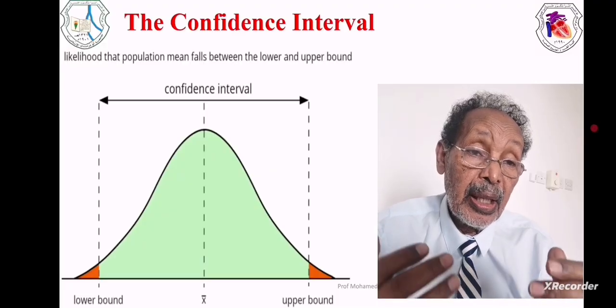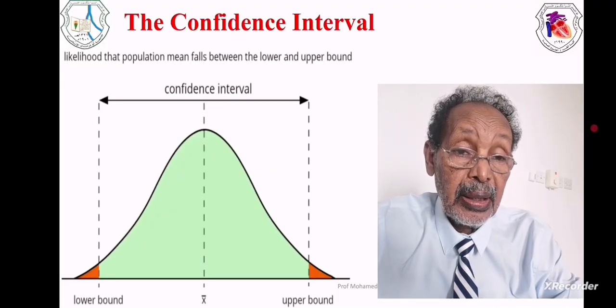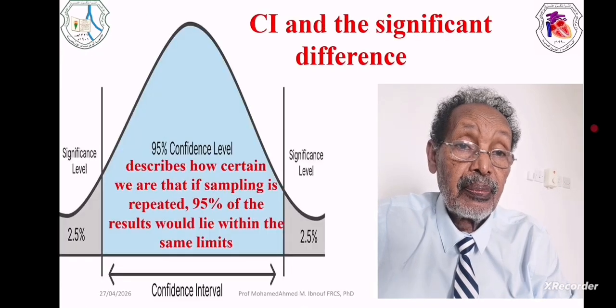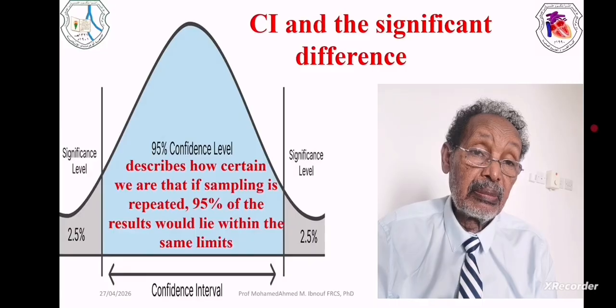The important thing is that this 5%, which we find in the peripheries, creates a significant difference.